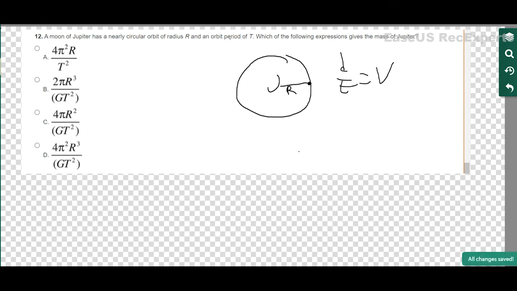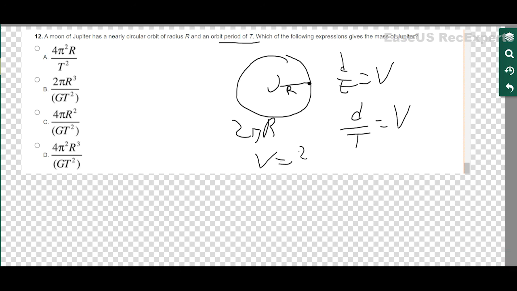Now we are given the orbital period of T, so we'll have distance over T is equal to v. Now we need to find the distance that it travels. With the distance that it travels, we can just use the circumference. Circumference is equal to 2 pi times r. So our velocity is equal to 2 pi r over T.